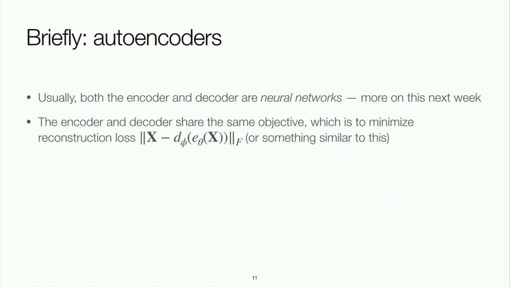I just replaced the q's with these respective functions. Instead of q1 through k, I replaced that with e theta, the encoder. And instead of q1 through k transpose, I replaced that with d phi, the decoder. But basically, it's the exact same thing. We just swapped out what it means to encode and decode from linear functions to these nonlinear functions that we're learning.